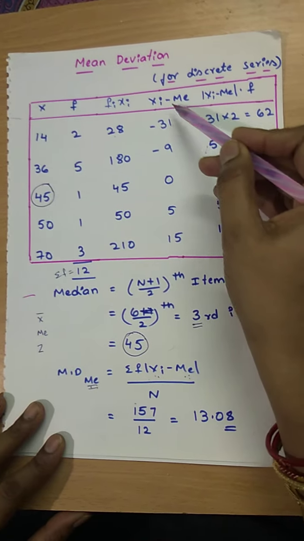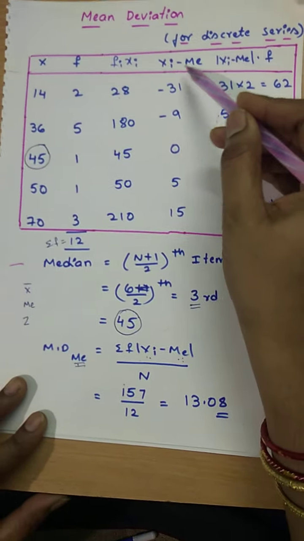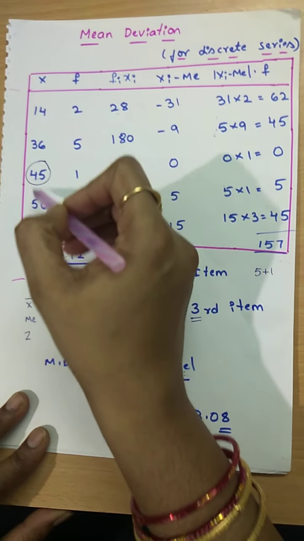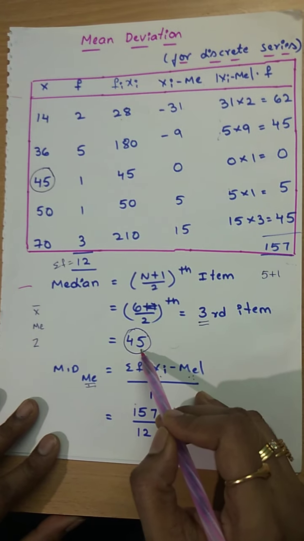Here, what is the next one? xi minus M. These are the x values, x1, x2, x3, x4, x5. That's why xi minus median. What is the median? 45.